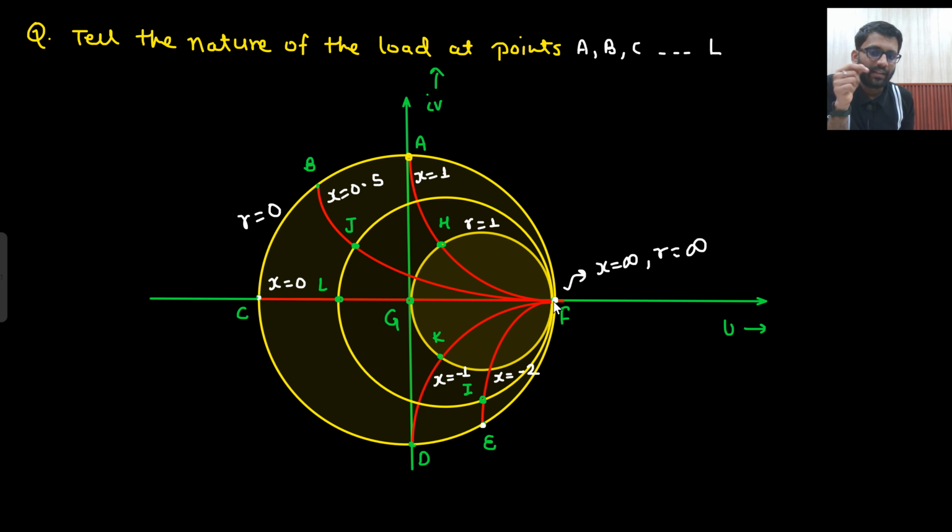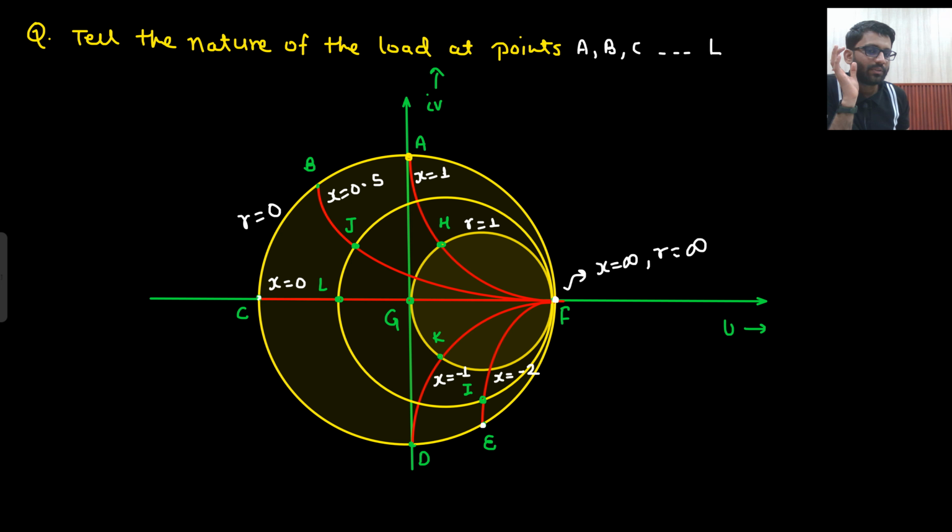Someone will say that R equals 0 and X equals 0 both are cutting at this point. And someone will say that X equals infinity is this circle and R equals infinity is this circle. Again I am telling two points: X equals 0 and R equals 0 both are cutting at point F.